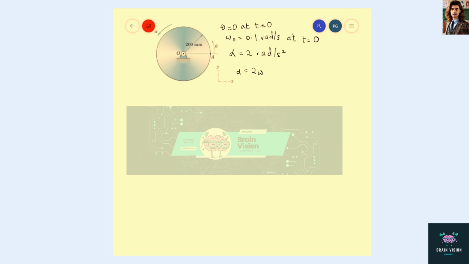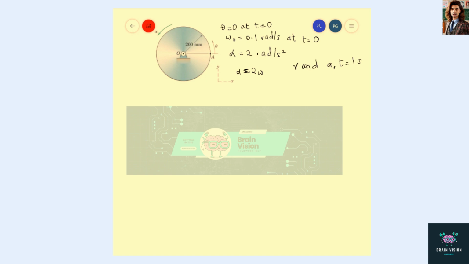The angular acceleration was 2 rad/s², and in this problem, question 24, our angular acceleration is 2 times the angular velocity. We want to find the velocity and acceleration at t equal to 1 second.